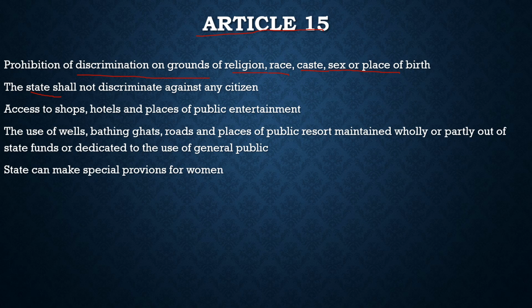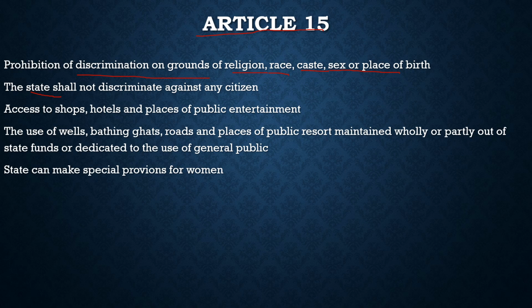It says that the state can be the legislature, it can be any authority under the government of India, it can be the legislature of the state governments, it can be the Parliament. So Article 12 clearly defines the state, and similarly here in Article 15 it is categorically mentioned that the state shall not discriminate on the basis of these 5 grounds, which are religion, race, caste, sex or place of birth.